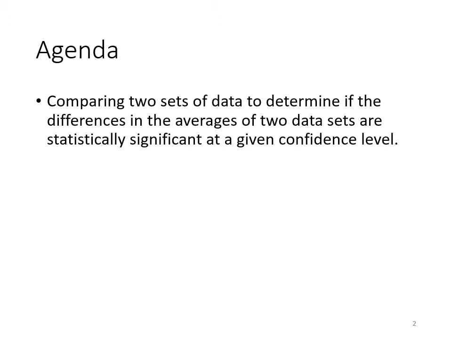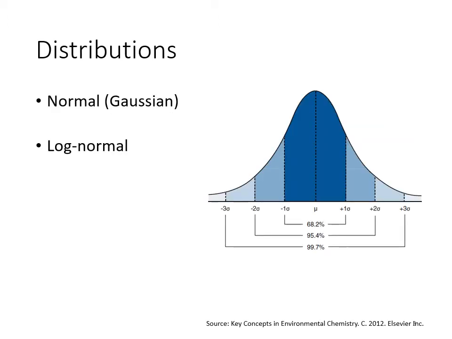In this unit, we will expand on that discussion by looking at how we can compare two sets of data to determine if the differences in the averages of these two sets of data or observations are statistically significant at a given confidence interval. As mentioned in the first lecture, we'll focus our discussion on normal or Gaussian distributions.